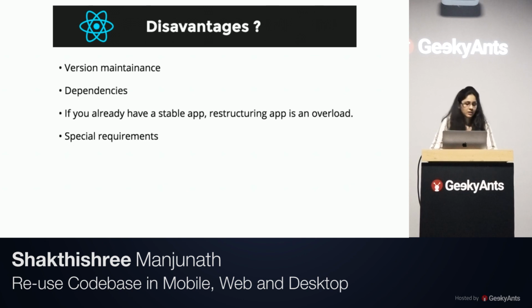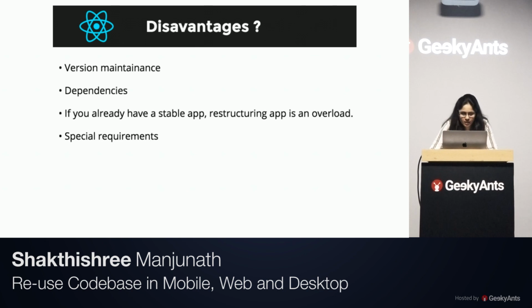Next thing is dependencies. You'll have to make sure that the third-party dependencies you use in your shared module are platform independent, or that they work fine in the targeted platforms.